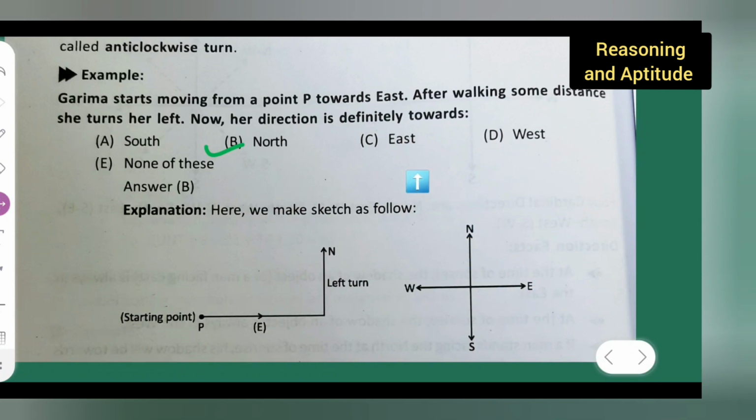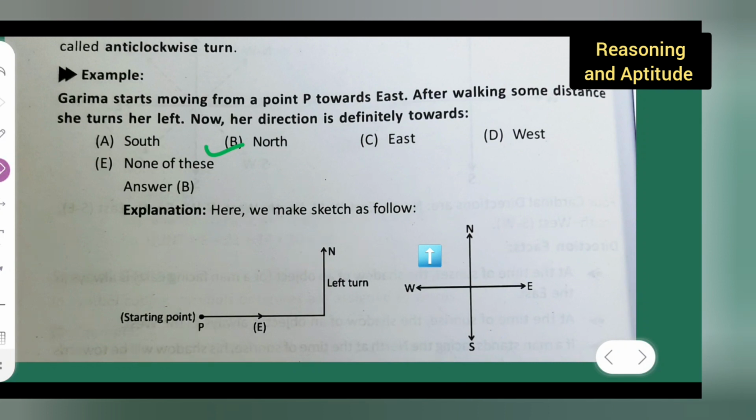So her direction is definitely towards the north. Why? Because she starts moving from point P towards east, after walking some distance she turns left, so the direction is definitely towards the north. This is your north part.